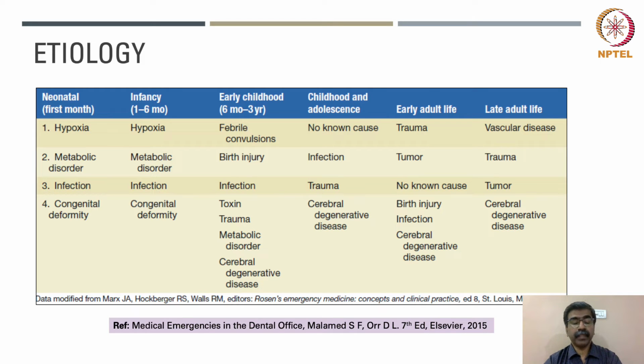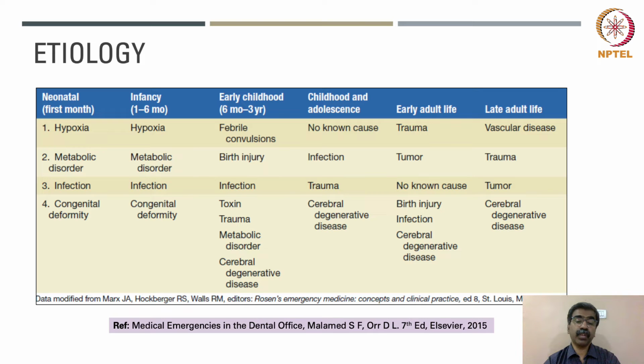And in infancy, when the child is between 1 and 6 months, it again can be hypoxia, metabolic disorders, infection, and congenital deformity. Whereas in early childhood, when the child is 6 months to 3 years, you can have febrile convulsions. It can be due to birth injury, infection, some toxins, trauma, metabolic disorders again, and cerebral degenerative disease.